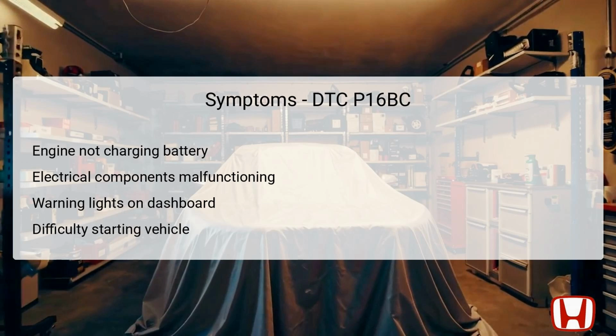Additionally, the driver might notice warning lights illuminating on the dashboard, which can include battery or alternator-specific indicators, alerting them to the charging issue. In some cases, you may encounter difficulty starting the vehicle, especially if the battery has been completely drained. Together, these symptoms highlight the need for immediate attention to the alternator and associated circuits.